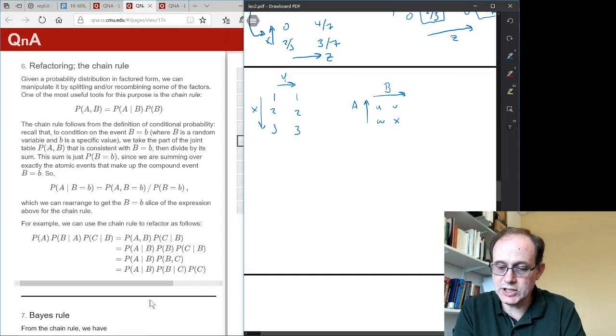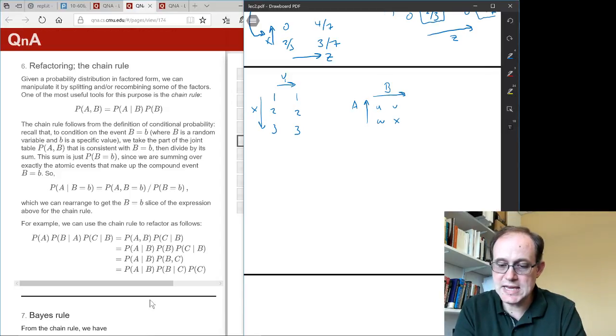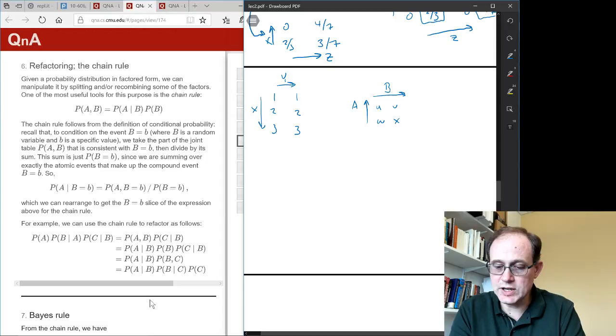So if we want to make a table that conditions on B, right? So this is P of A, B. Then P of A given B will also be a table that has an A argument and a B argument.